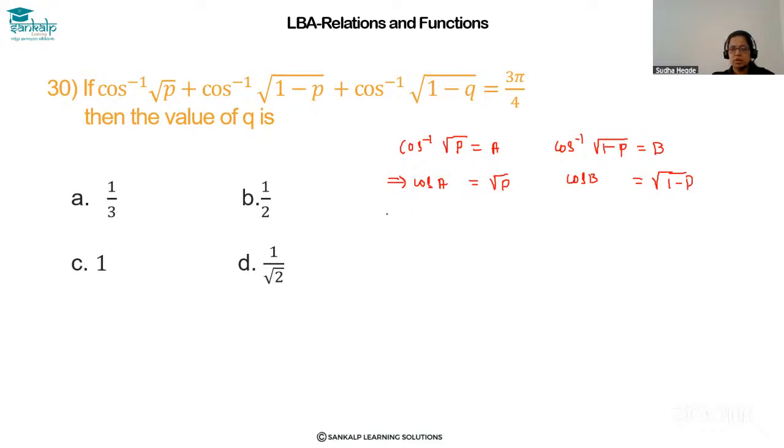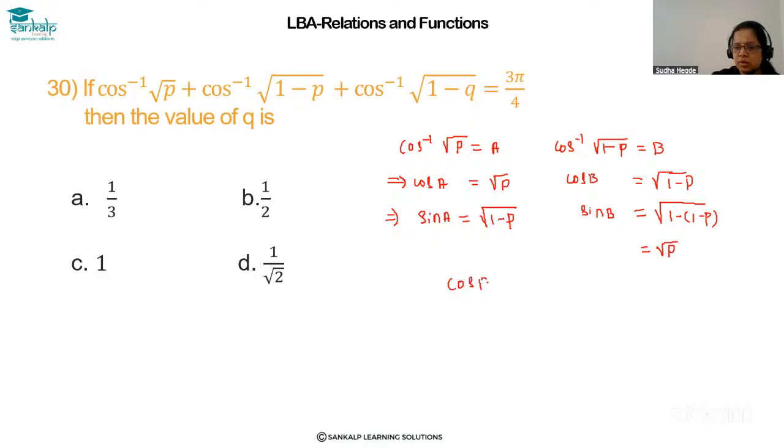Now find sin A. Sin A is equal to square root of 1 minus cos square A. So it is square root of 1 minus P. Similarly, sin B is equal to square root of 1 minus cos square B, that is 1 minus (1 minus P), so it is square root of P. Therefore, cos B is equal to sin A, correct?